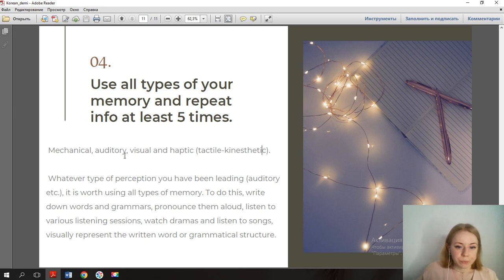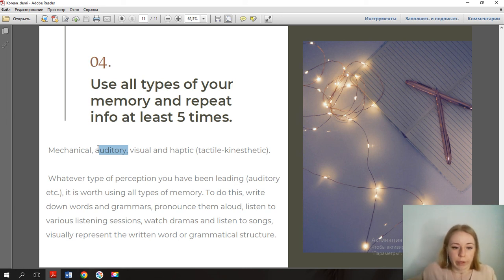Well, okay, to do this, write down the words and grammar, pronounce them aloud, listen to various listening sessions, watch dramas. Of course, dramas are about auditory. If dramas are with subtitles, it's a combo, because there are auditory and visual types of memory.